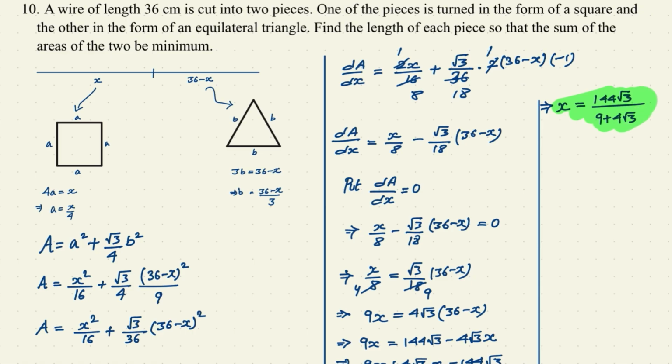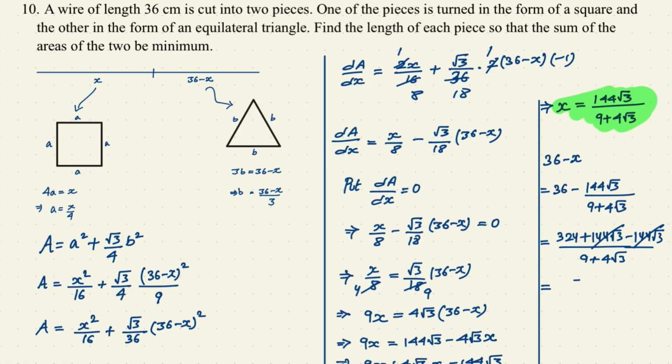So the other length is 36 minus x. So let us calculate the value of 36 minus x. Then it will be 36 minus 144 root 3 by (9 plus 4 root 3). On doing so, I'll get 9 plus 4 root 3 as LCM, and in the numerator we will have 324 plus 144 root 3 minus 144 root 3.